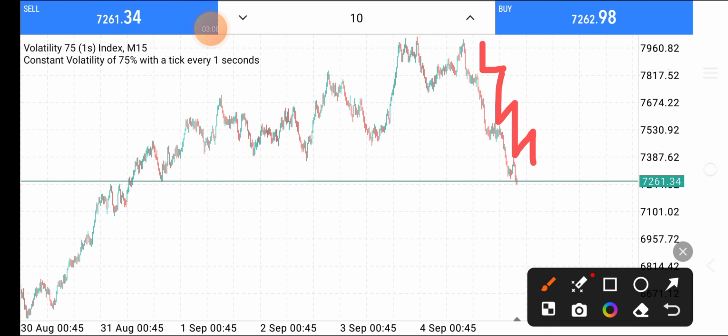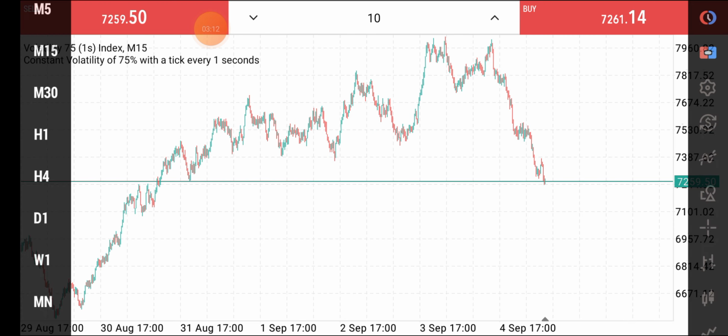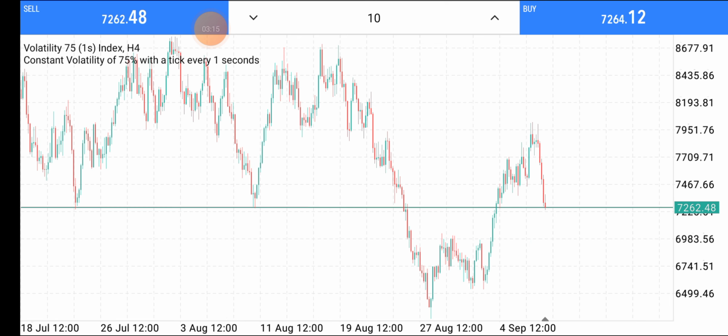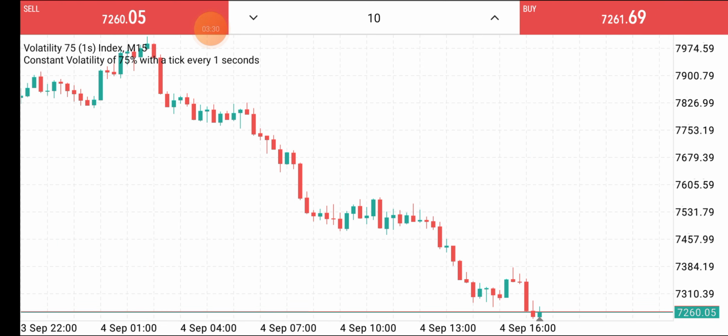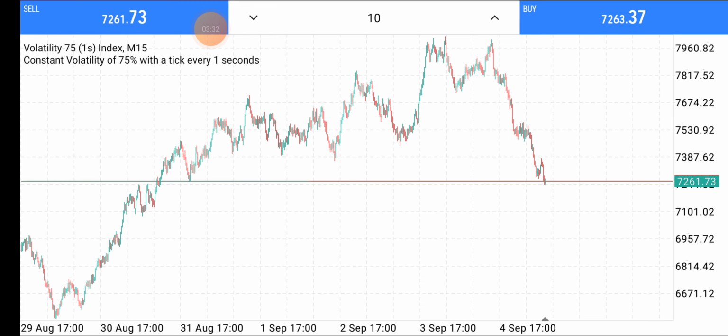The same candle on the 4 hours time frame that is just red, just bearish, on the 15 minutes is giving you so many highs and lows. That is because the smaller time frame is a micro view of the market.